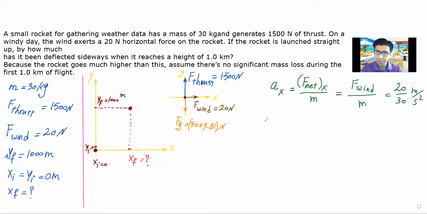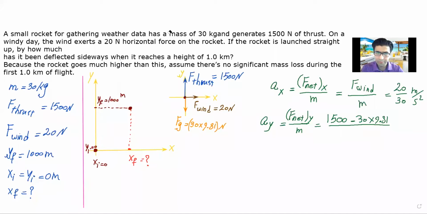In the same way, we are going to apply Newton's second law in y direction. So again, we have F net in y direction over mass, and in y direction, in this case, we have two forces. One of them is thrust force minus mg, which is 30 times 9.81, divided by mass, which is 30.